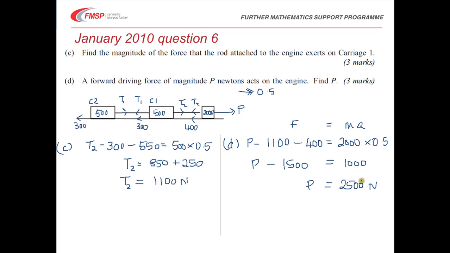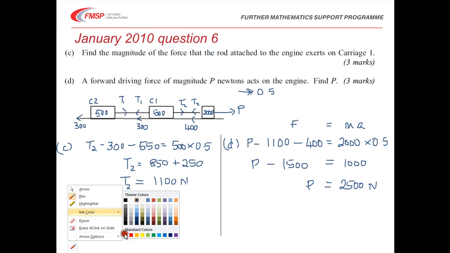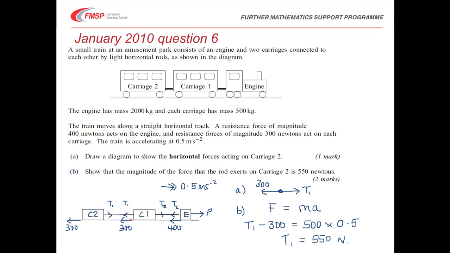So, as I say, there were 9 marks in total for that question. So if we just go back and have a little look at how the marks were allocated. You just got 1 mark for this diagram, so that was independent of method, so a B mark. And then you got a method mark for using Newton's law and an accuracy mark there for getting 550.